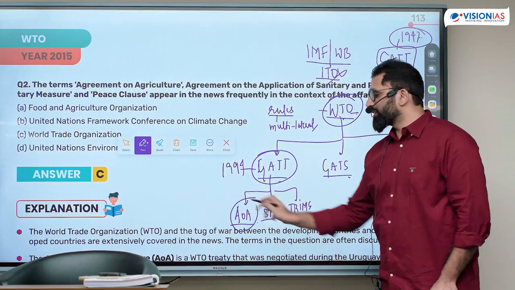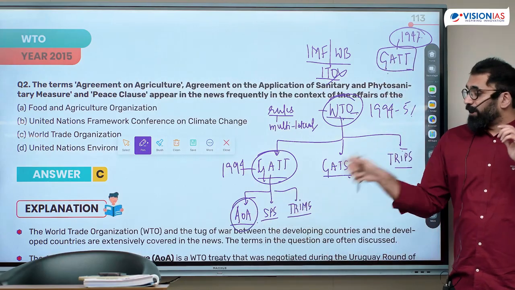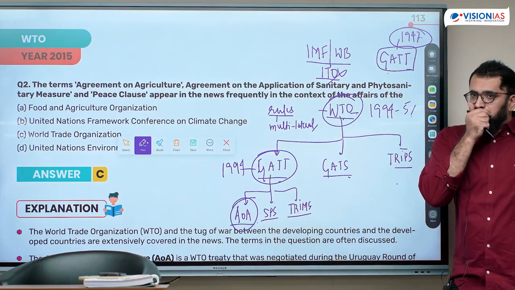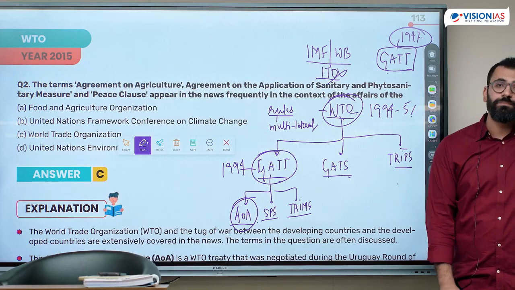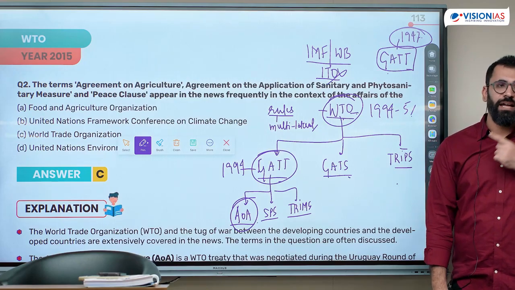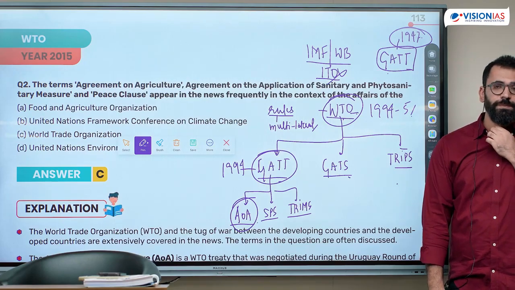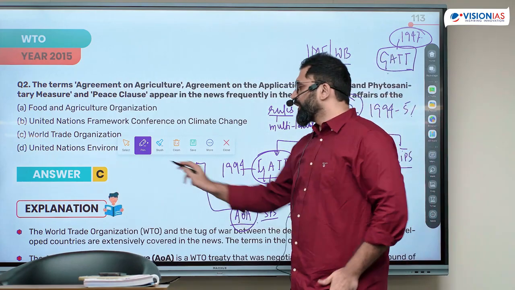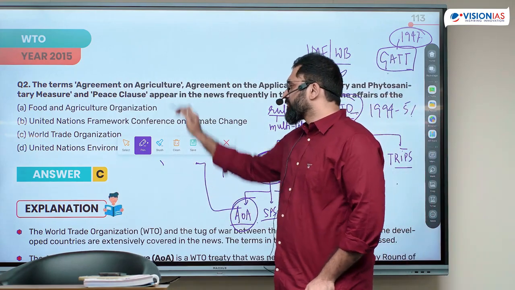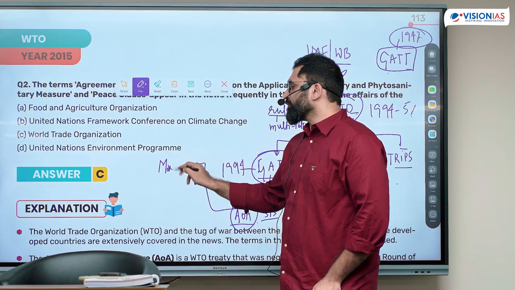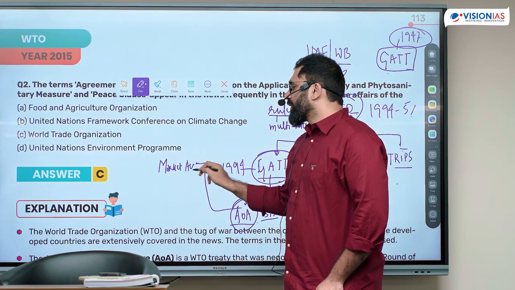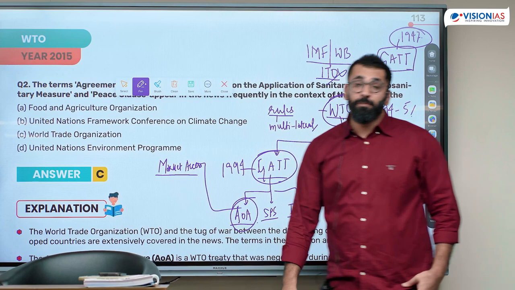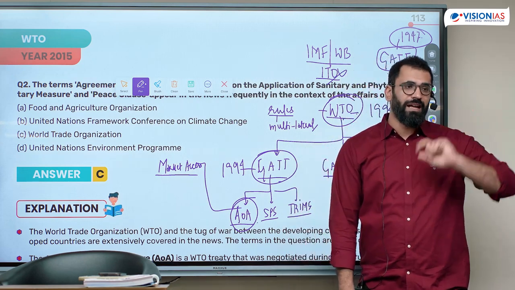In agreement on agriculture, what is happening? Subsidies. Anything apart from subsidy? First, agreement on agriculture wanted to improve the market access of agriculture goods throughout the world. It wanted to remove the trade barriers, not remove, but reduce or rationalize them.